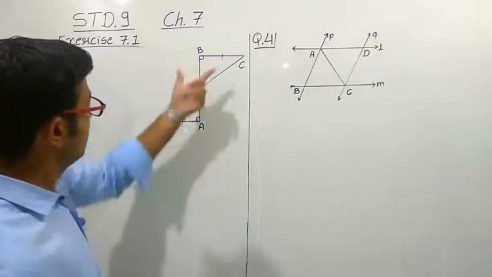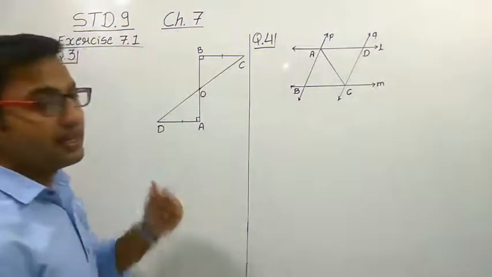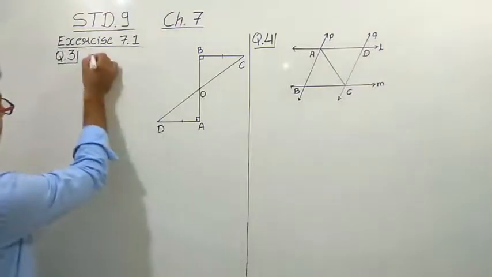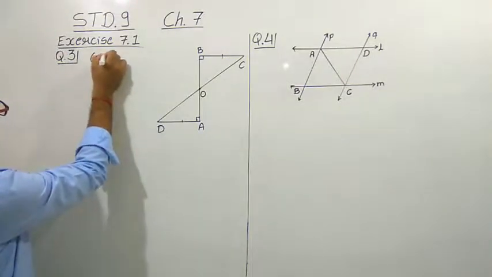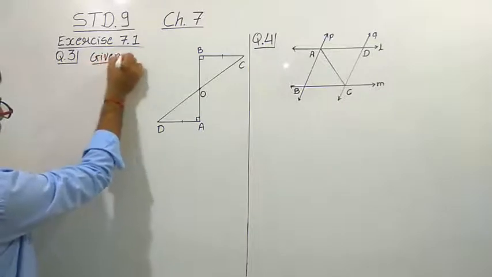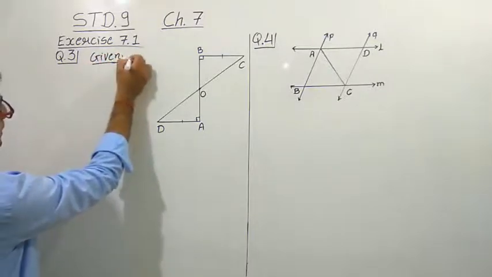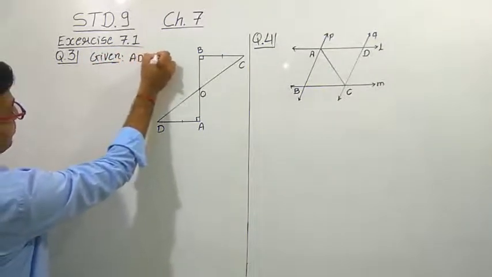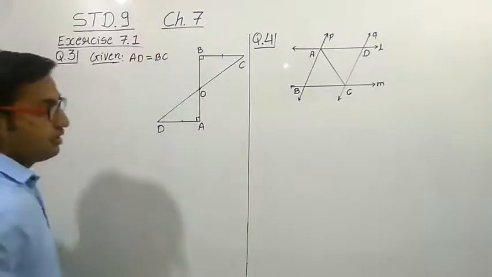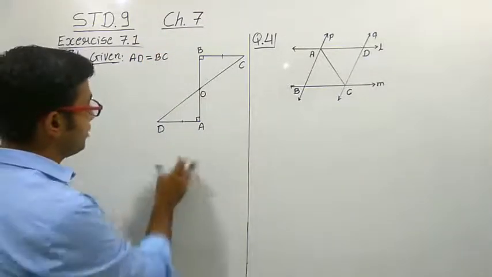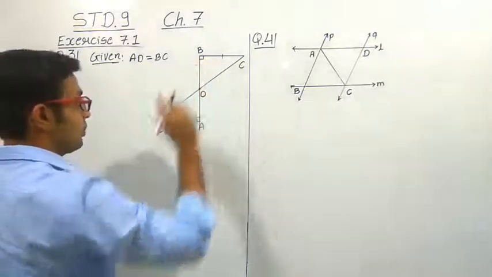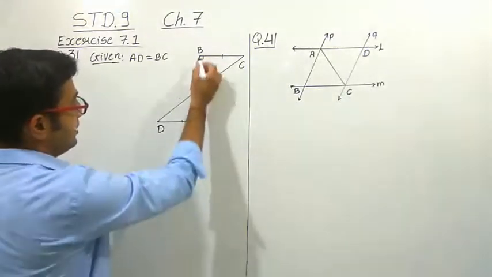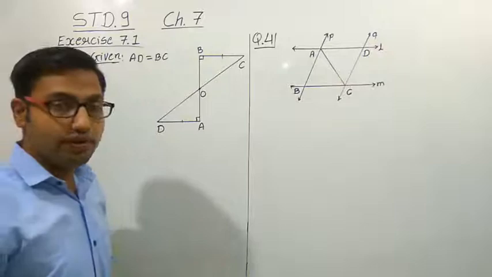So we can write it in the given portion: AD is equal to BC. One more thing we are given is that both AD and BC are perpendicular to AB. That means this angle and this angle will both be 90 degrees.